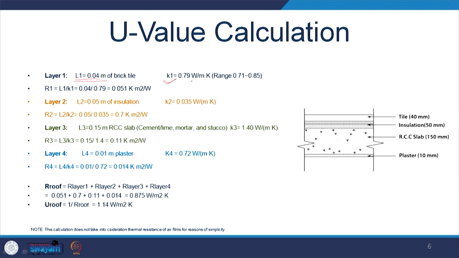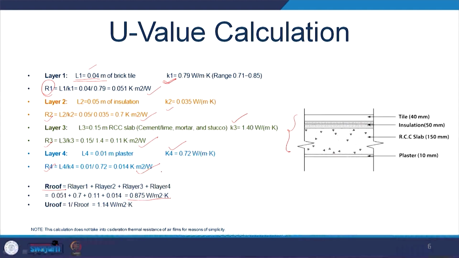So this is for tile, this is for insulation, this is for the RCC slab and for plaster. First of all, we calculate the resistance value for each of these by dividing the thickness of the material by its conductivity value. Once we have calculated the resistance values, we calculate the total resistance offered by the roof, which is the sum total of all these different resistances.